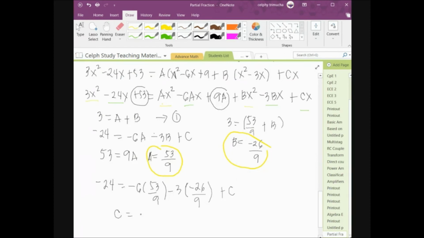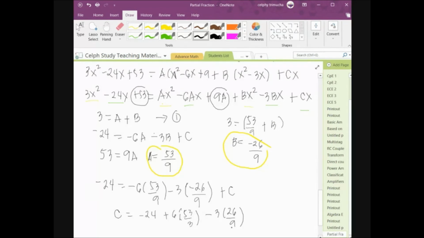C is equal to negative 24 plus 6 times 53 all over 9, minus 3 times 26 all over 9. Okay, what is the answer for C?